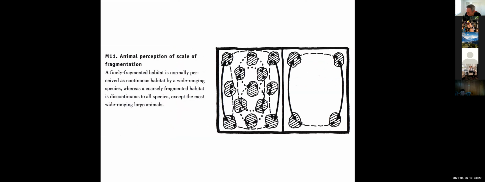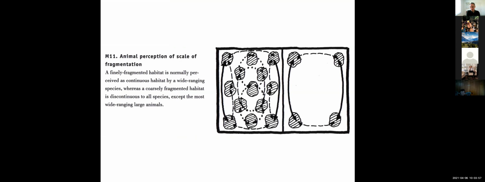And the perception of fragmentation might be minimal for wide-ranging animals if the habitat is fragmented on a fine scale, like the example in the diagram on the left. Or on the other hand, it can be perceived as discontinuous to nearly all species if there tends to be a very large scale of fragmentation between those individual patches.